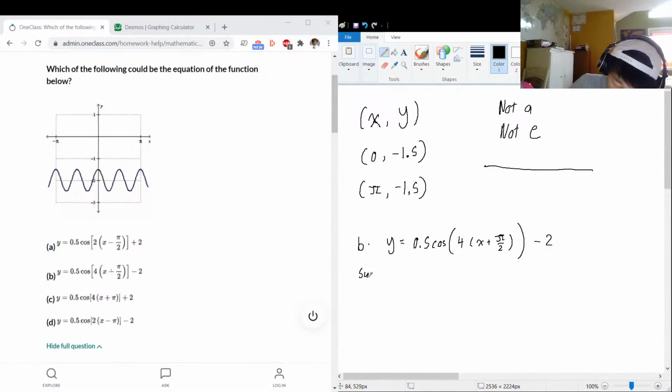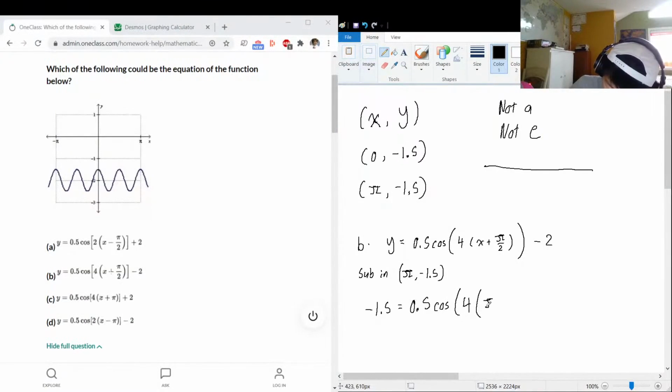So let's sub in our point of interest, pi and negative 1.5 for y. So we have negative 1.5 equals 0.5 cos of 4 times (pi plus pi over 2), minus 2.